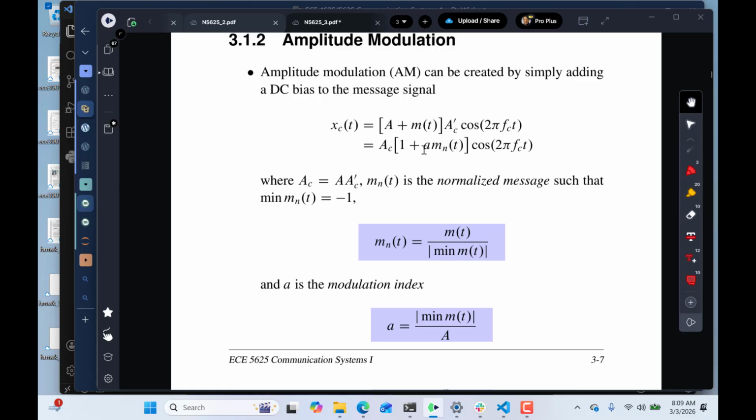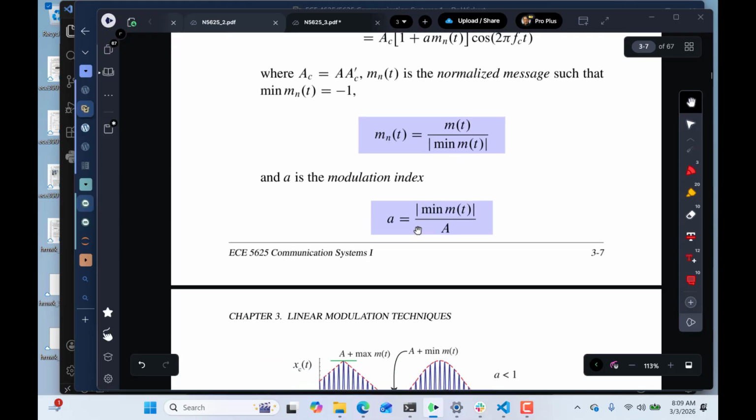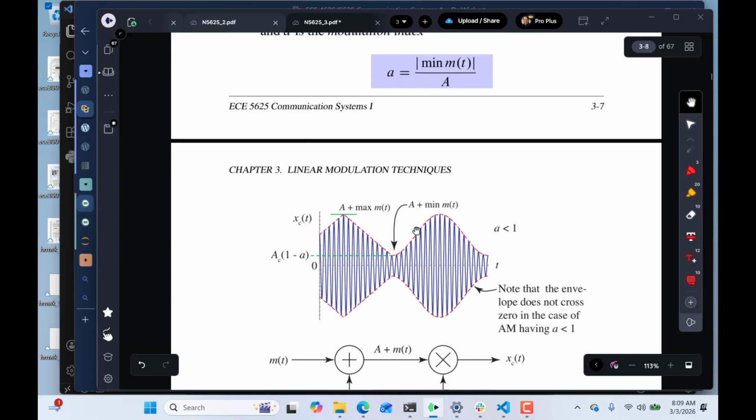The definition of the normalized message is to divide the message by the absolute value of the minimum value of m(t). So m(t) is generally a signal that's positive and negative in amplitude. You find that minimum value, which is some negative number, take the absolute value of it, and then you have the modulation index.